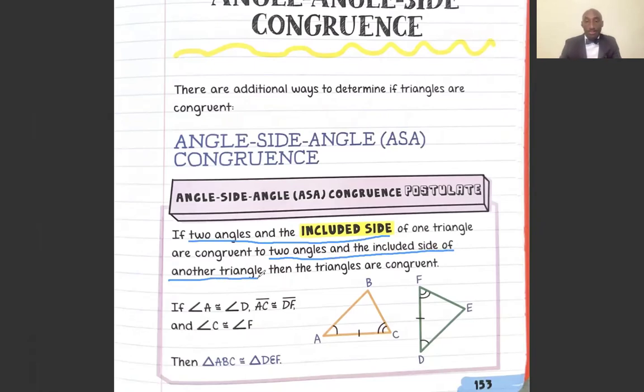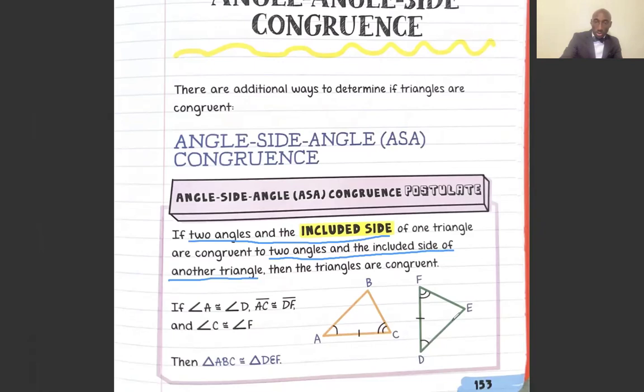So if we look at the triangle here, A, B, C, right? I'm going to go in the same direction for this triangle, D, E, F. I'm going from the smaller angle, A, to the angle with no arc measure to the angle with two arcs. Same thing here.